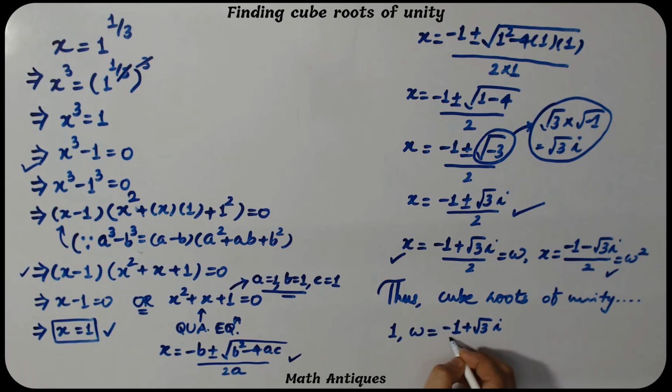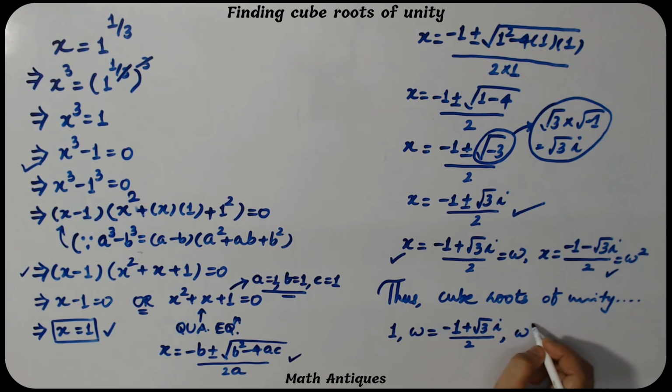Remember, i is not in the root, i is outside the root of 3. And the last one, the third one, is omega square equal to minus 1 minus root 3 times i by 2. Now, sometimes we can write minus 1 plus root 3i by 2 as omega square. Then definitely your omega will be minus 1 minus root 3i by 2. So it is vice versa.